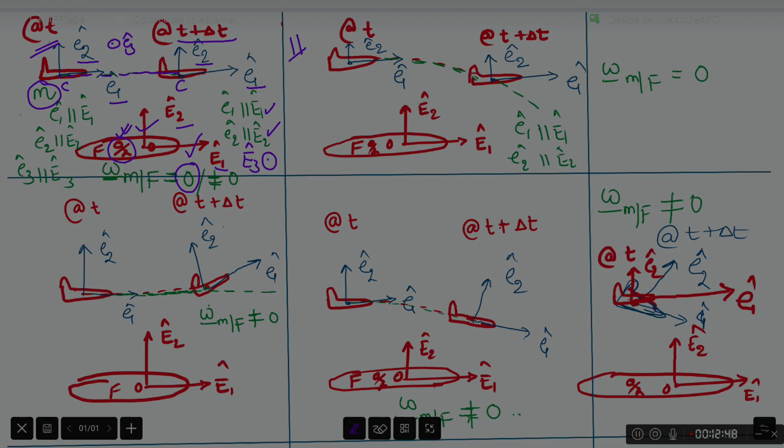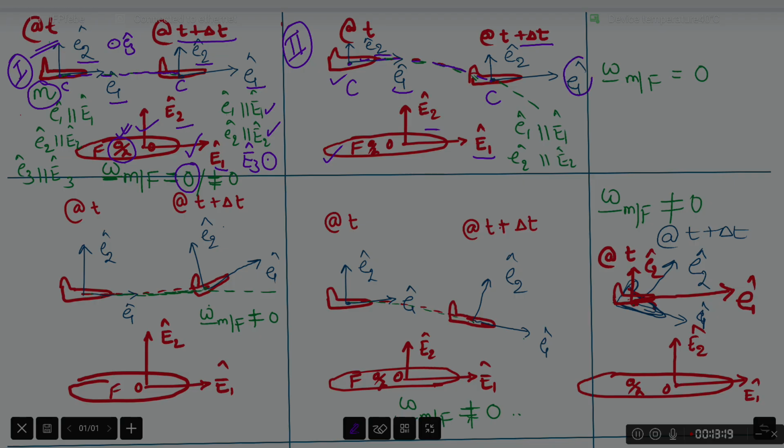Let's move to the second case. Same reference frame F, same body M. At time t, small e1, small e2 perfectly aligned with big E1 and big E2. However, at the next time instant, C has moved here. So C seems to be following a curvilinear path for itself.